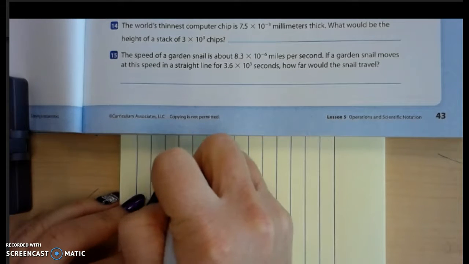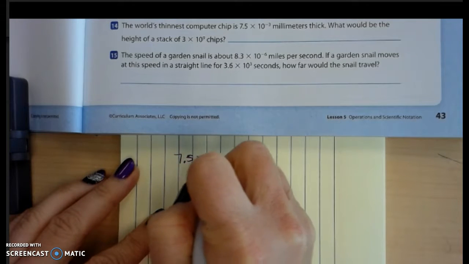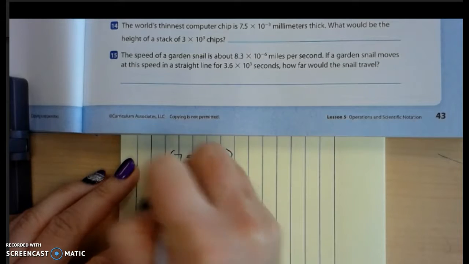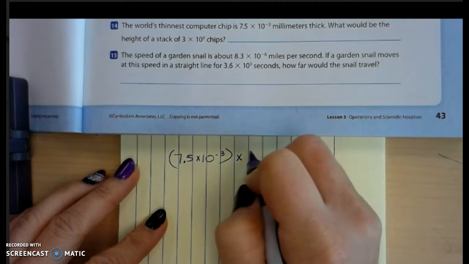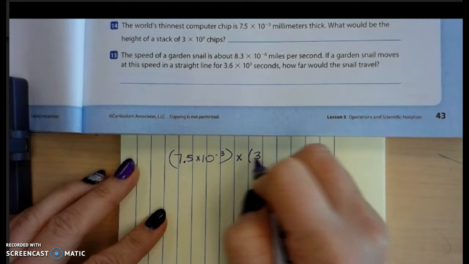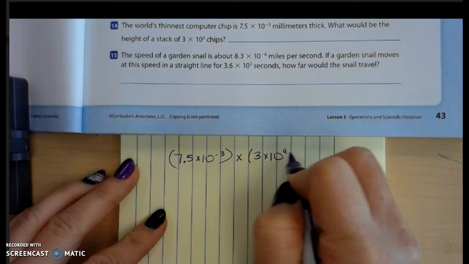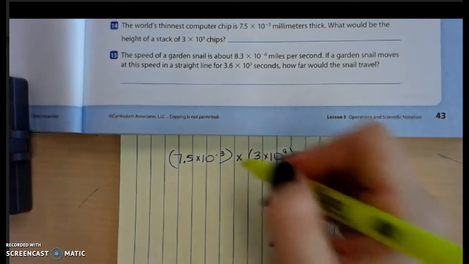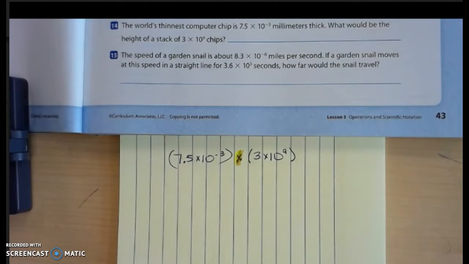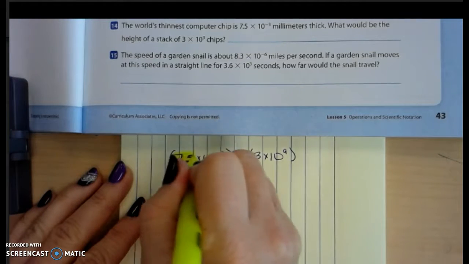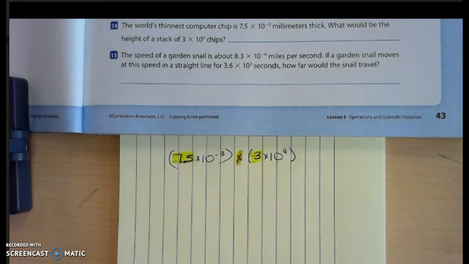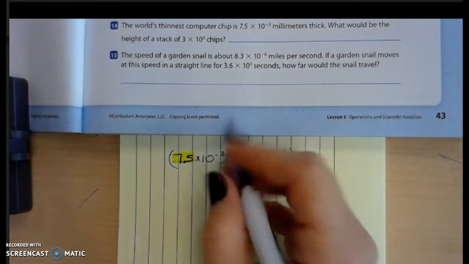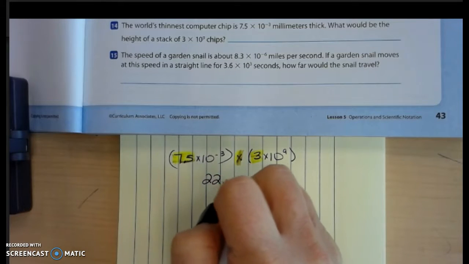So when I set it up, I've got 7.5 times 10 to the -3 times 3 times 10 to the 9. Because it is multiplication, I am going to multiply the constants. 7.5 times 3 makes 22.5.